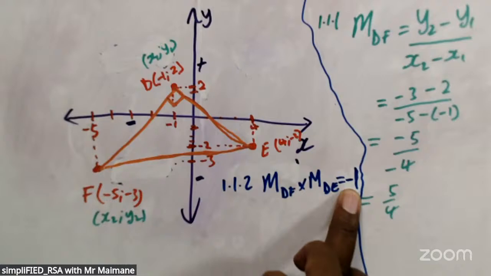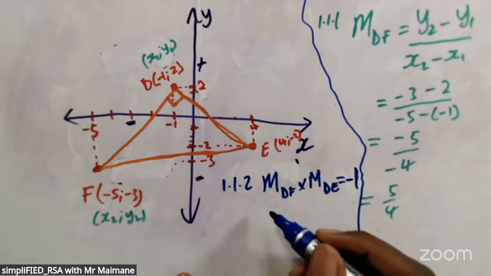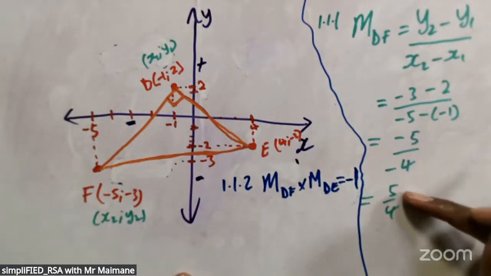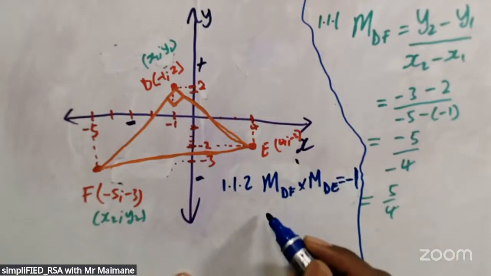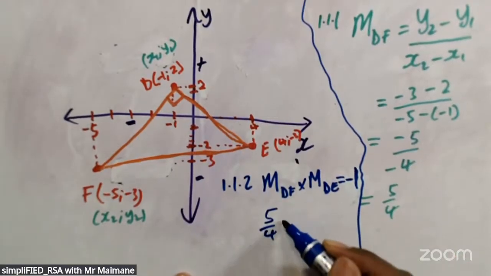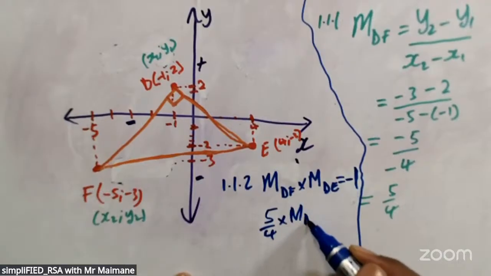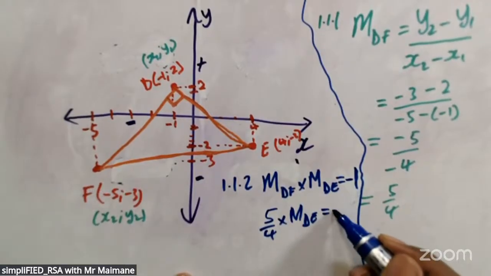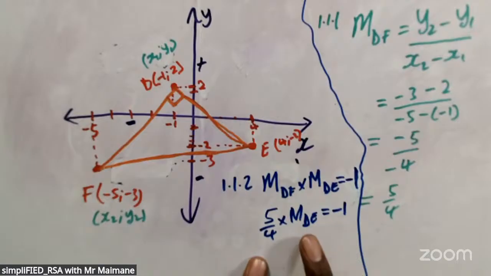The question is just about stating the gradient of DE. So you're just going to substitute the gradient of DF where you have it. So it's just going to be 5/4 times the gradient of DE is equal to -1. Then from here, you are just solving for the gradient of DE using your maths the way you know.